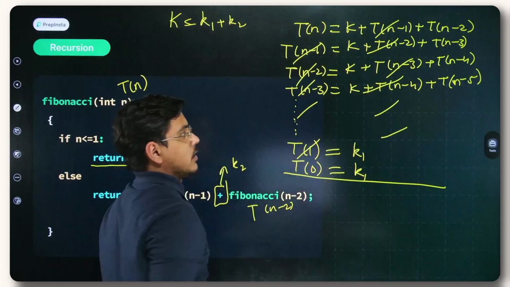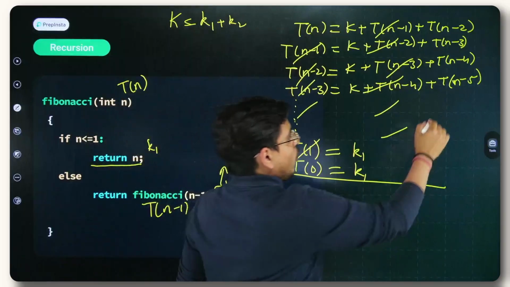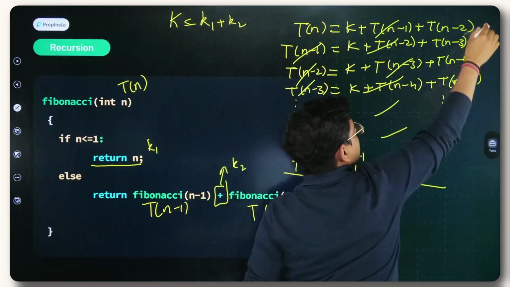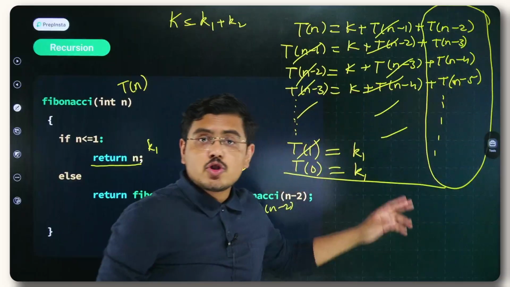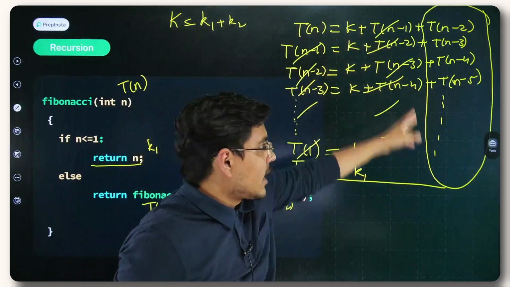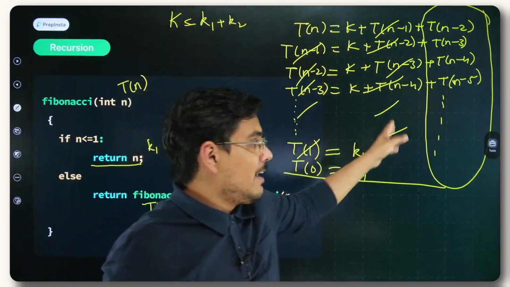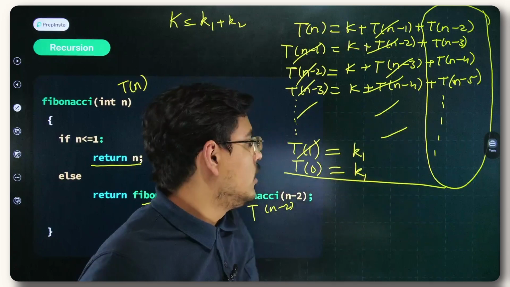Somewhere they would be cut, but this whole chain of terms would remain, and it is super complicated to compute them. Here itself, it is very, very complicated.